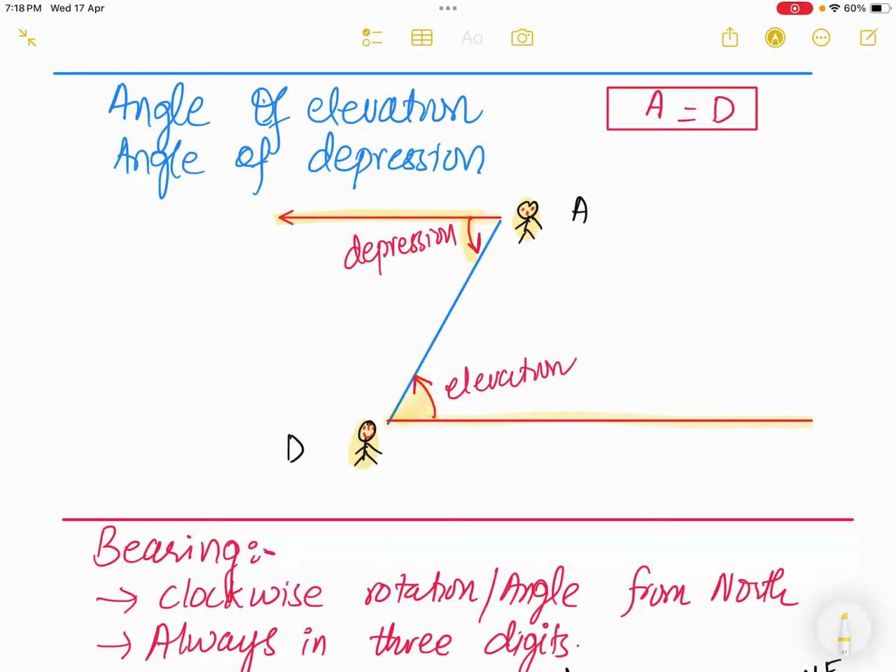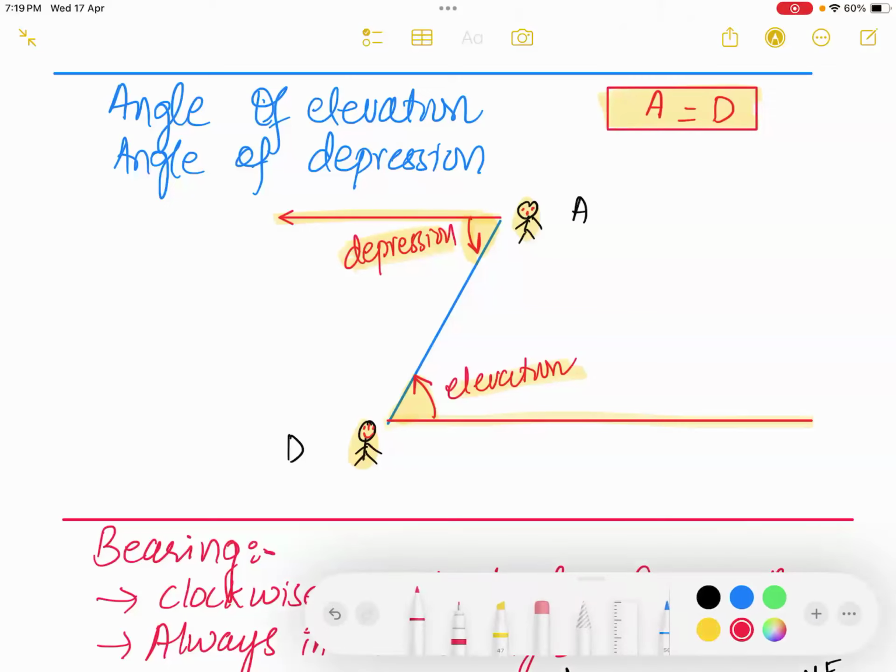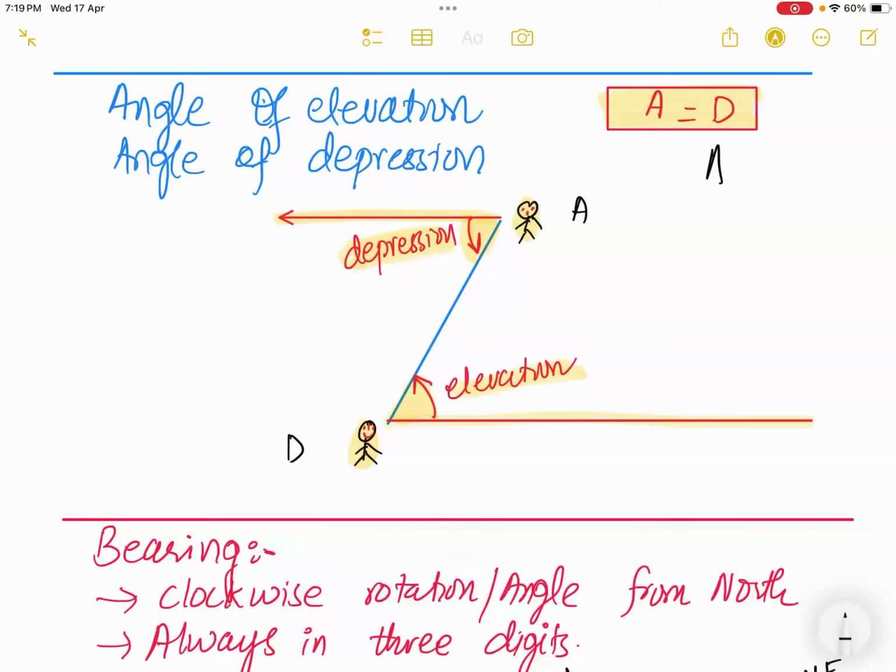The angle with which I look up is the angle of elevation, and the angle with which he looks down is called the angle of depression. Remember that the angle of elevation and depression are equal to each other. Why? Because they both are alternate angles. Understood?